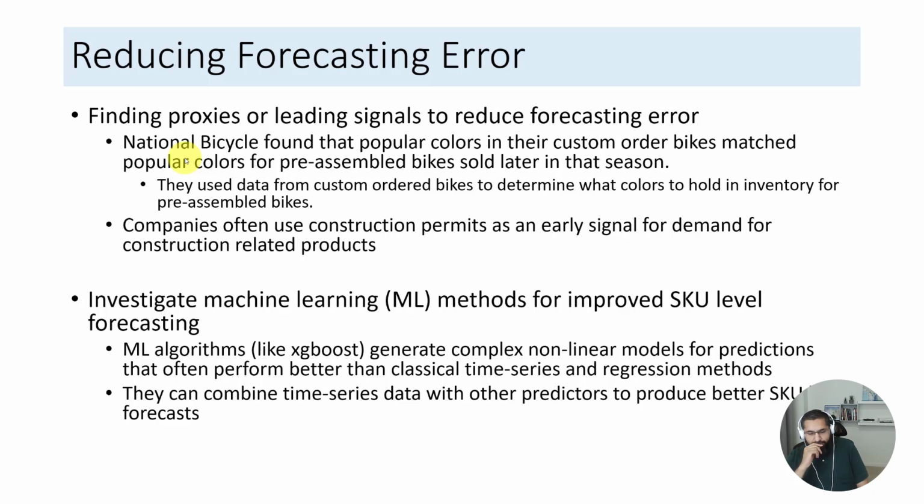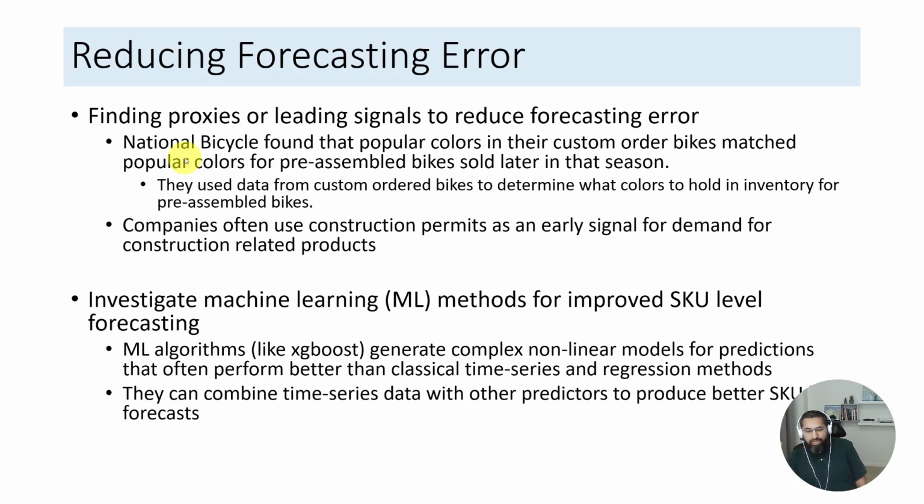Let's say you are selling fall clothing, sweaters, hoodies, and you realize, okay, the pink color is selling very well in the fall clothing. It's highly likely that the pink color is also going to sell well in winter. So maybe you can use data on what colors are selling well and use that to improve your forecasting accuracy for the next selling season.